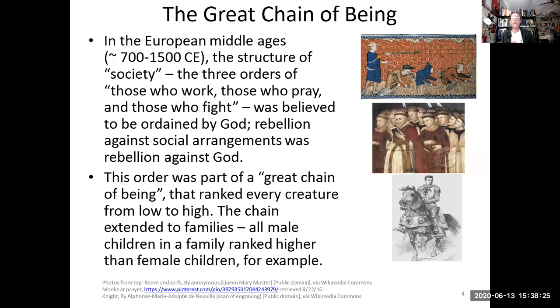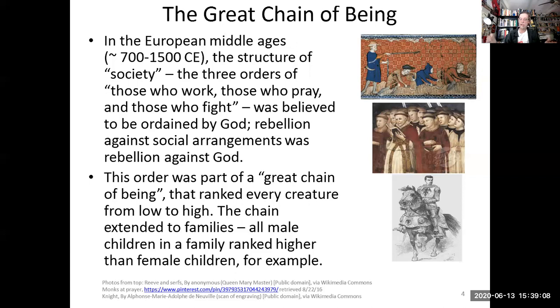It even went into the family unit. So you could find documentation allegedly of divine origin, which stated that within the family, the oldest male, the husband, for want of a better word, was higher on this chain than his wife, the mother of his children. And then it went to the oldest male child, who was higher in the chain, in importance in God's sight, than the other male children. And then after the youngest male child, you had the oldest female child.